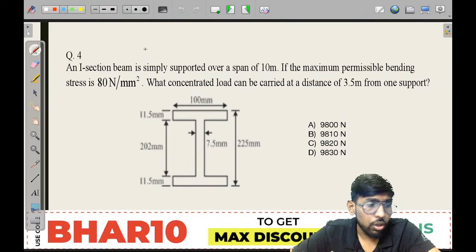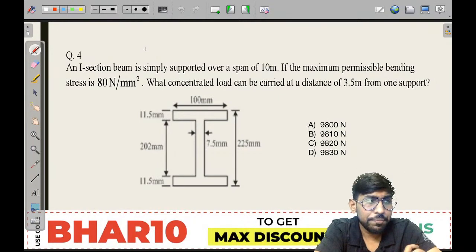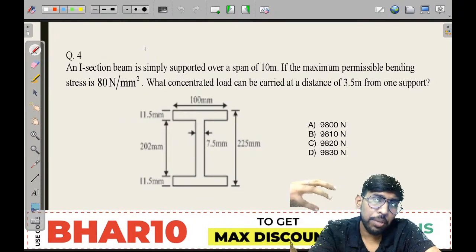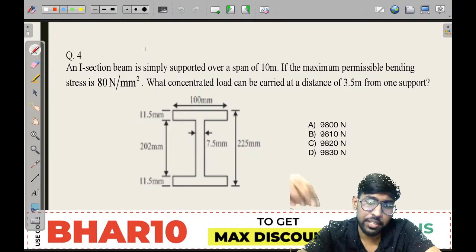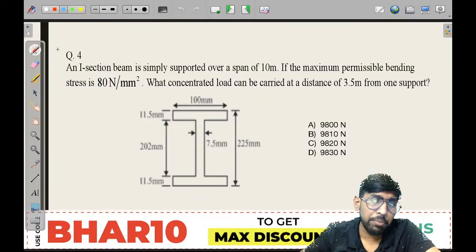Would you like to try this question? An I section beam is simply supported over a span of 10 meter.